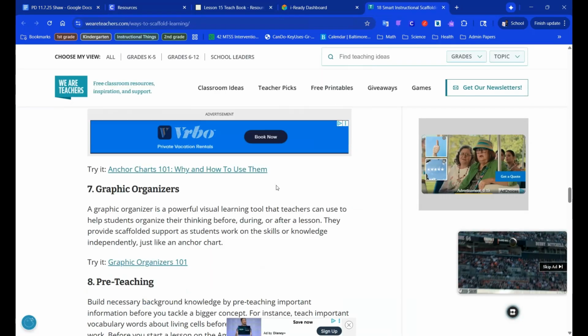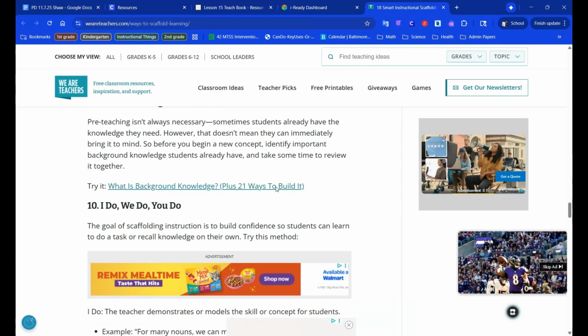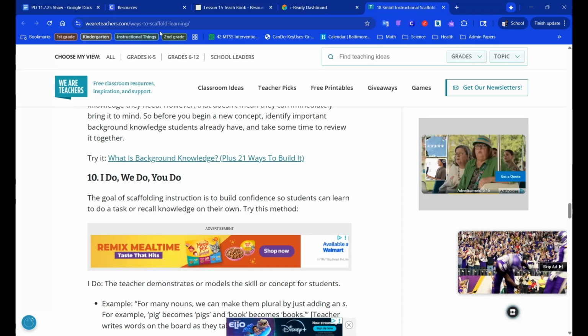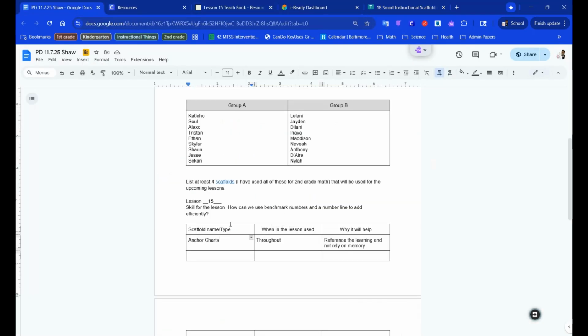Another one I might choose is an I do, we do, you do. They watch me before the practice problems. They watch me solve it using the number line.